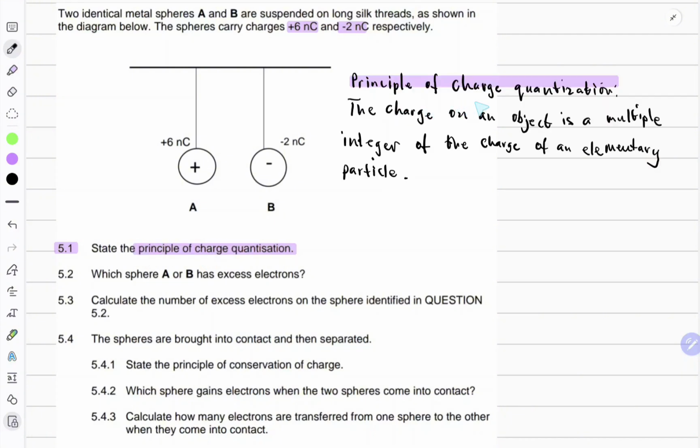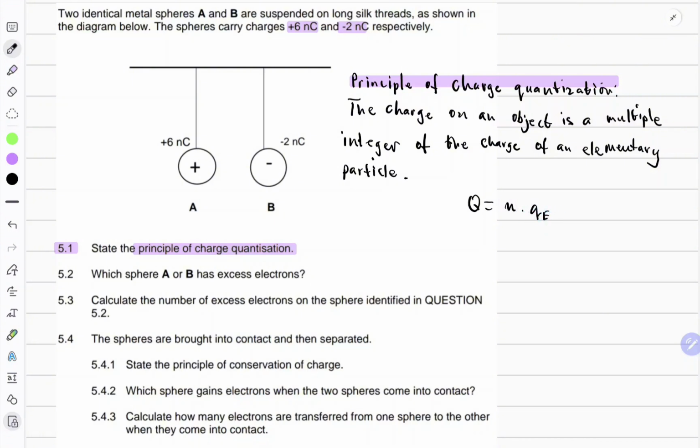The principle of charge quantization states that the charge on an object is an integer multiple of the charge of an elementary particle. To understand this principle, we need to look at the formula for charge quantization, which is represented by Q equals N times QE.